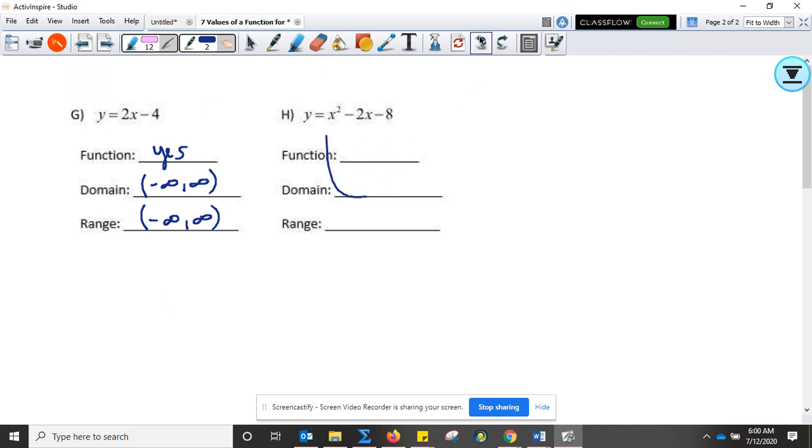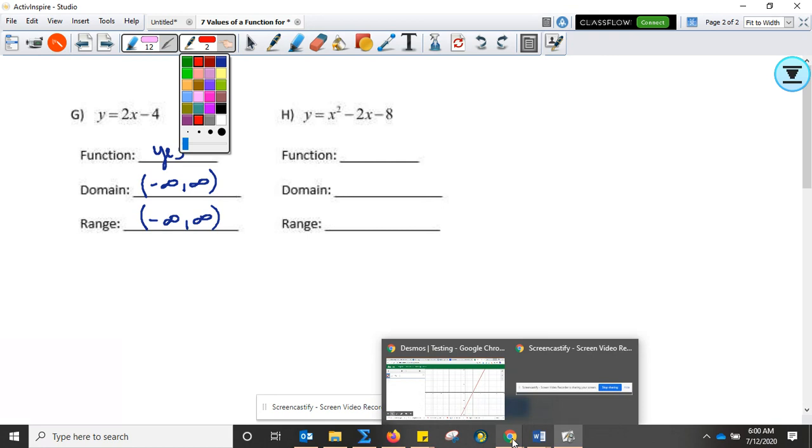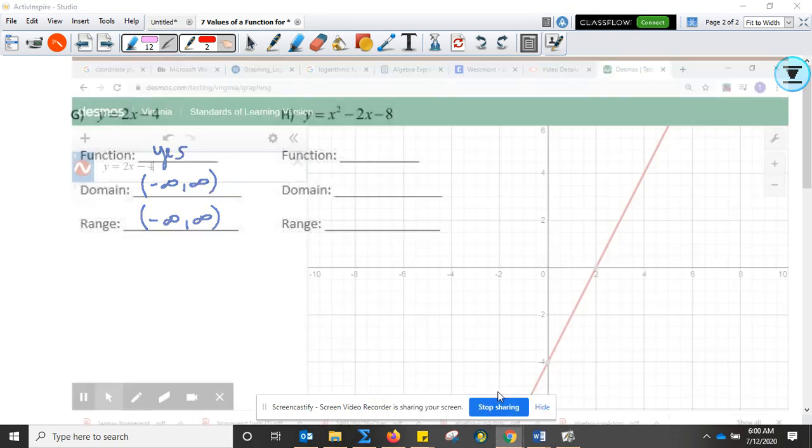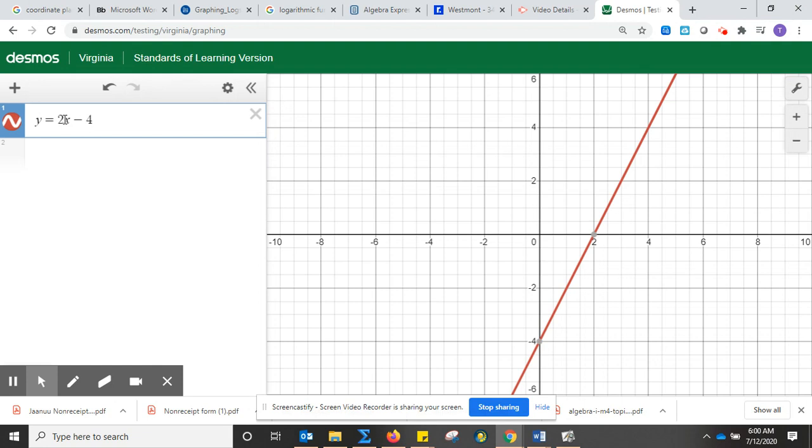All right. So now for my last one, I have y equals x squared minus 2x minus 8. Let's look at that one.